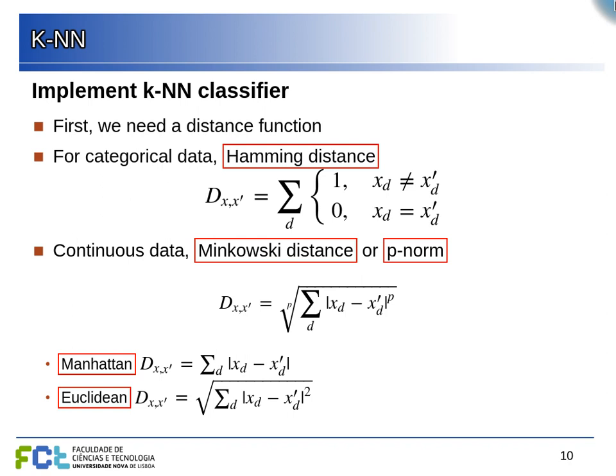Or you have Euclidean distance, where p equals 2, so you square all the differences, sum, and then compute the square root. So these are just 2 examples, but the Minkowski distance is more generic. You can adjust that parameter.